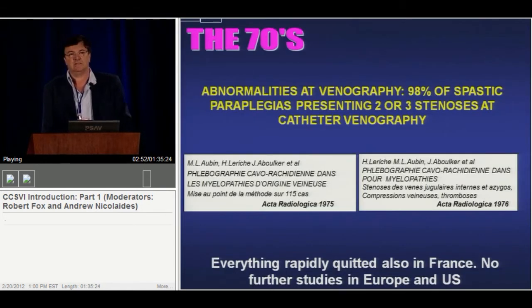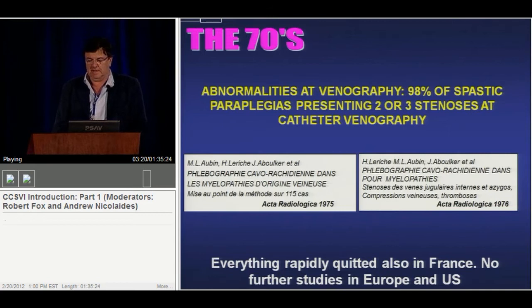In the 70s, there was the introduction of catheter venography or catheter angiography in the world, and a lot of the radiologists tried to explore the vessels that were never investigated. And it was amazing that in French, published in Acta Radiologica, a group with Abul Khair and other radiologists found 98% of spastic paraplegias presenting 2 or 3 stenoses at catheter venography.